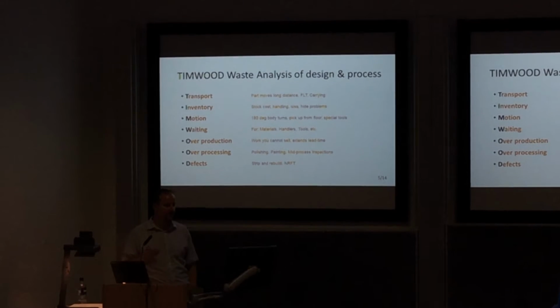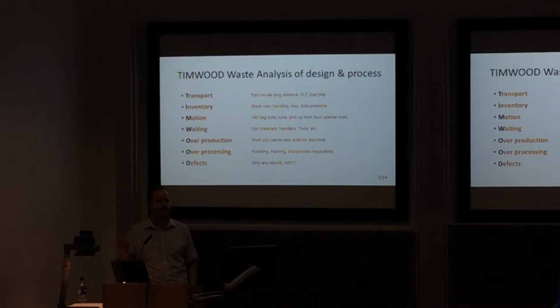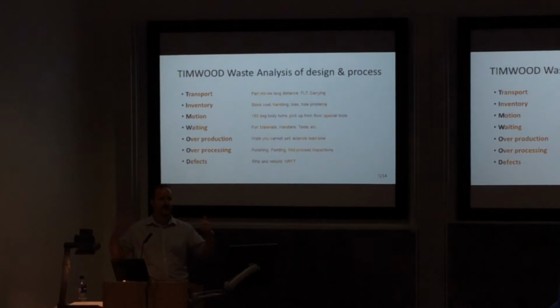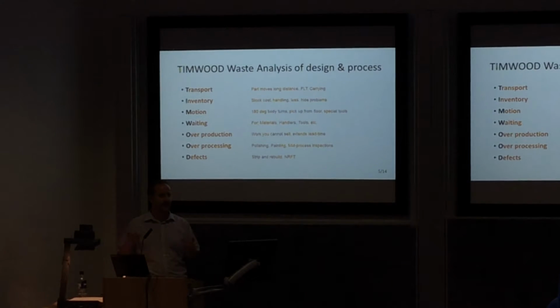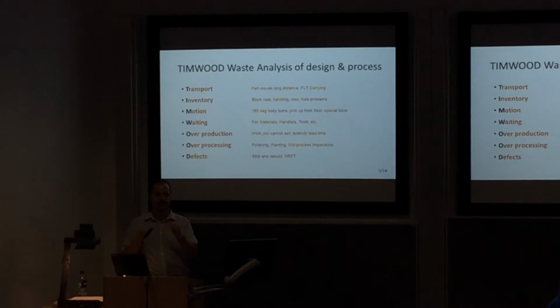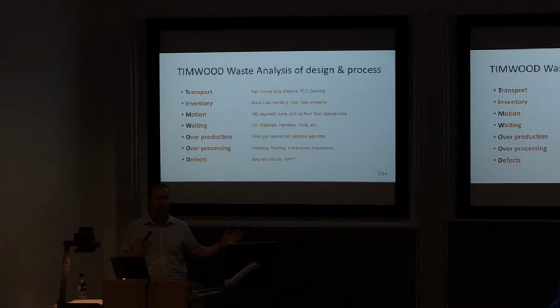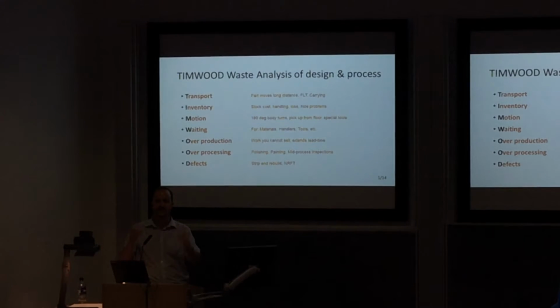So over-processing, polishing and painting is another example. Components are painted that are neither exposed to the atmosphere nor actually visible when you look at them. You need to think about where a part is going to be used in the assembly, which bits need good surface finishes, which bits don't need good surface finishes, and which bits need painting.